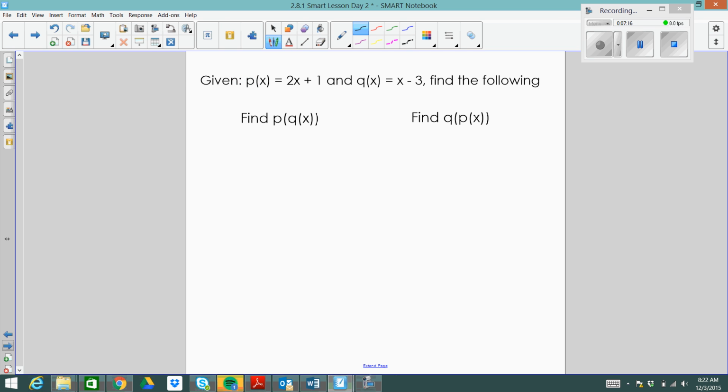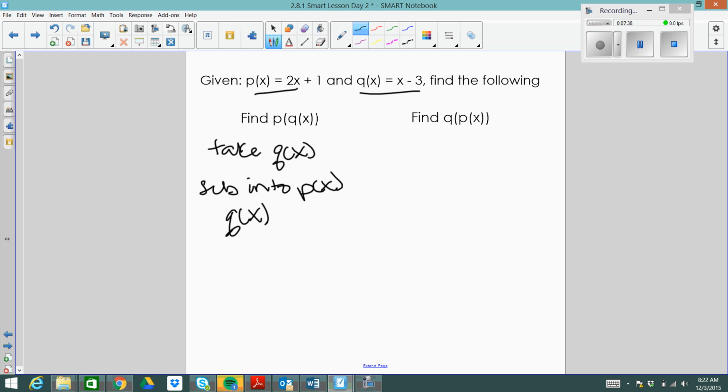We can also do composition of functions just with x values. So for example, with those same two functions, if we want to define p of q of x, what that means is I'm going to take q of x and substitute it into p of x. So q of x is x minus 3.